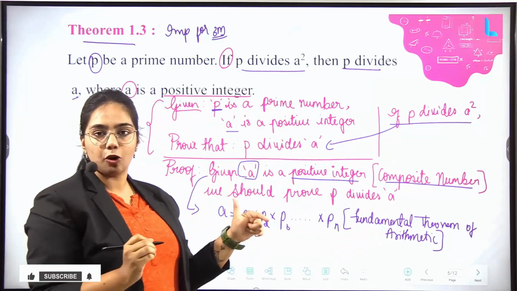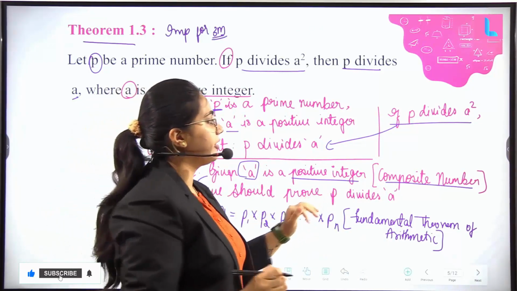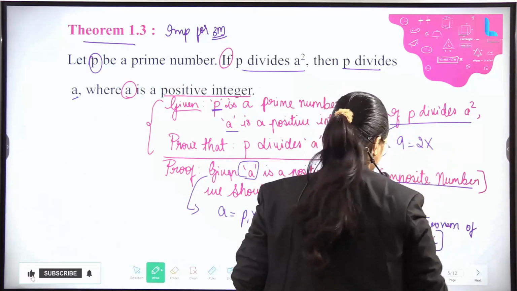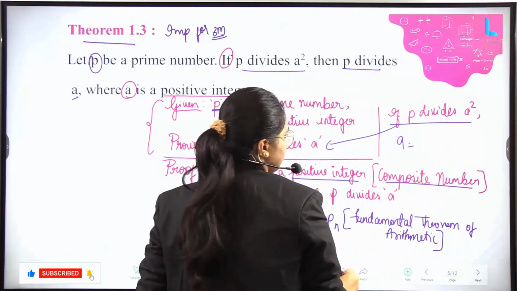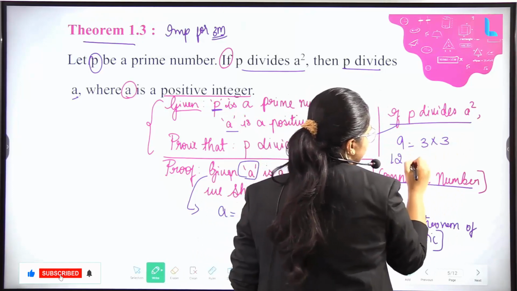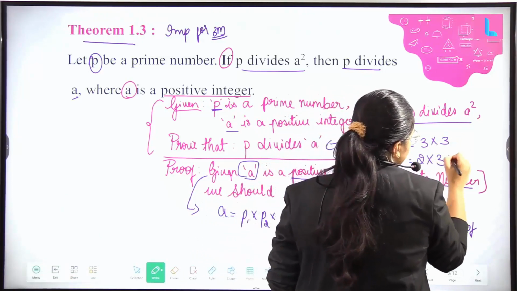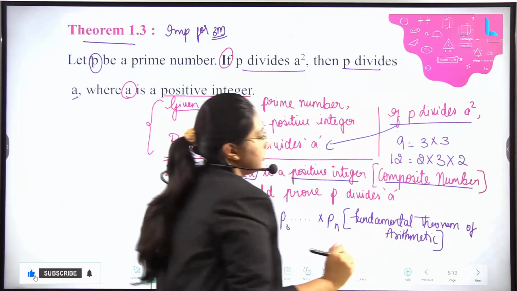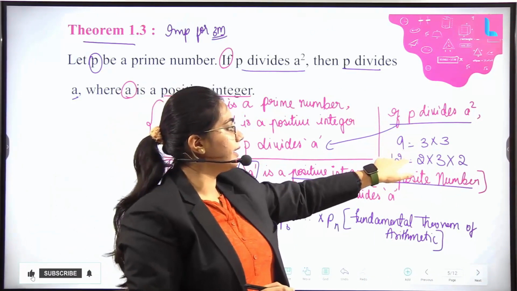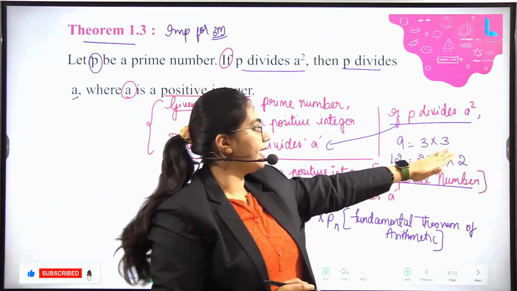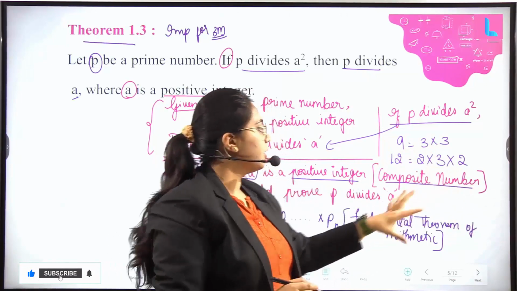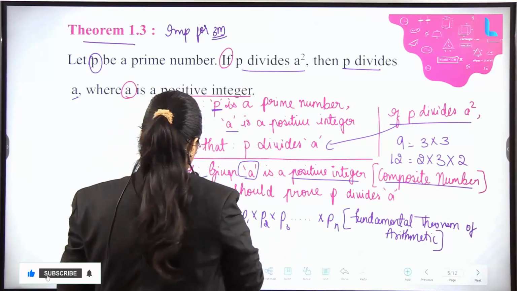We don't know what exactly the composite number is. For example, if we had taken the number 9, we could have written this as 3 into 3. If we had taken 12, we could have written it as 2 into 3 into 2. We have not taken an exact number over here.